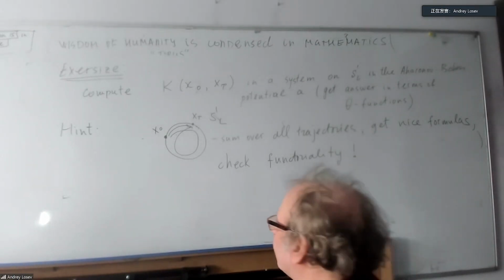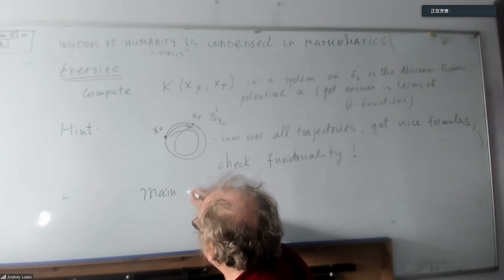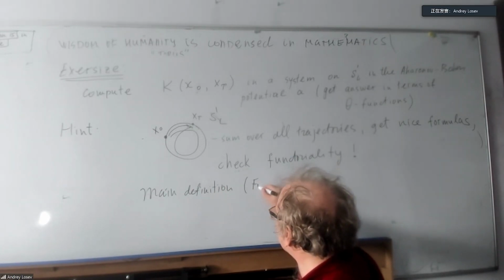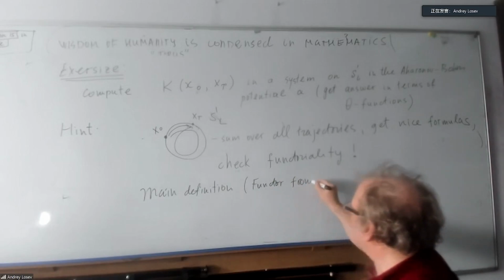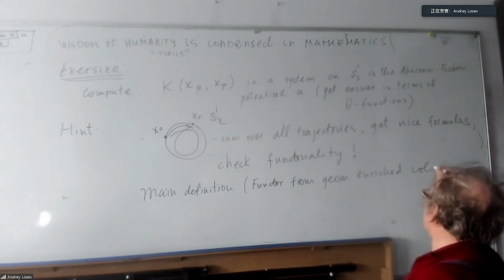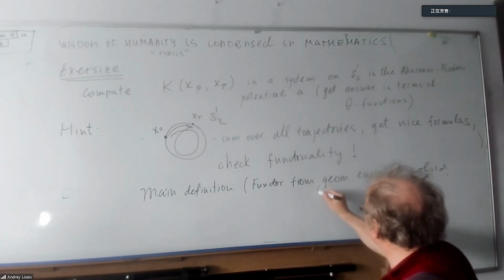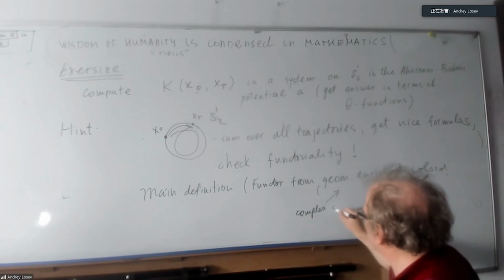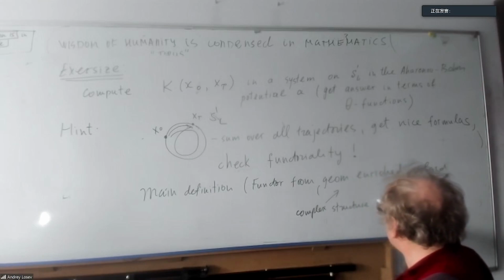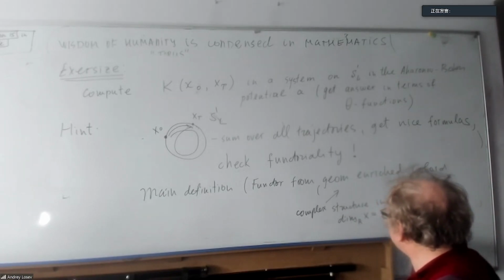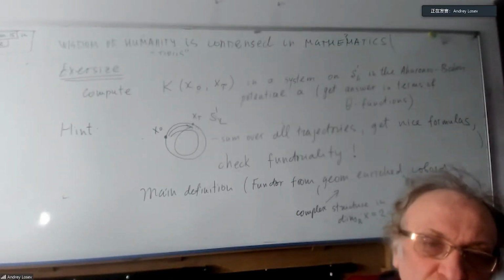Because in the main definition, where we have a functor from geometrically enriched cobordisms, geometrically enriched would mean complex structure in real dimension two. So that's why you need to know something about it.